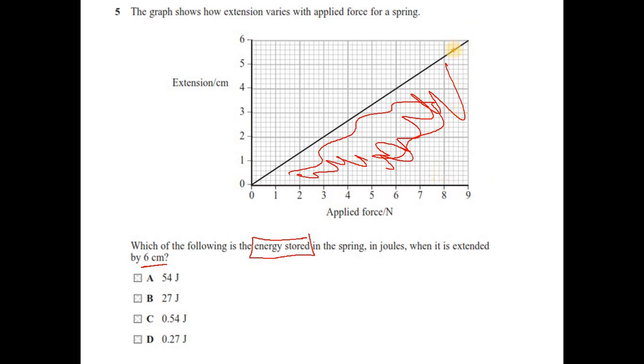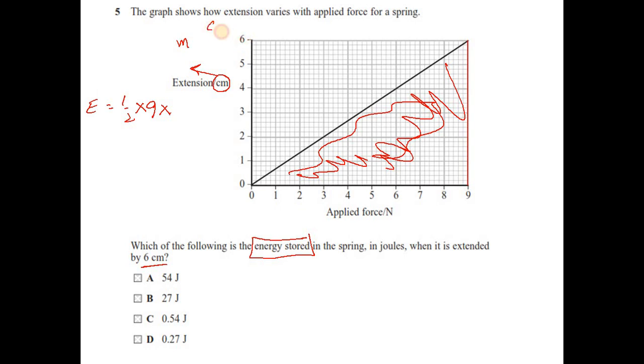So you need to find the whole area of the graph. That means energy is half into base, and base is 9, into height. Height is 6. Remember the height or the extension is given in centimeter, so you must convert this 6 centimeter into meter.